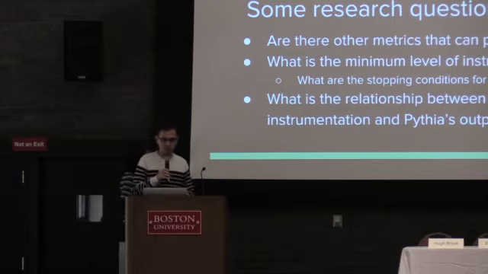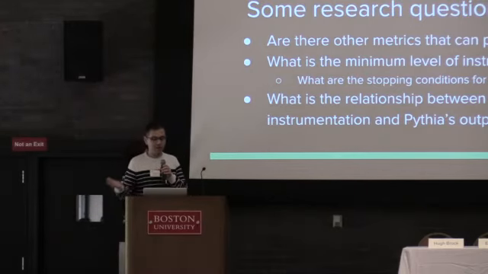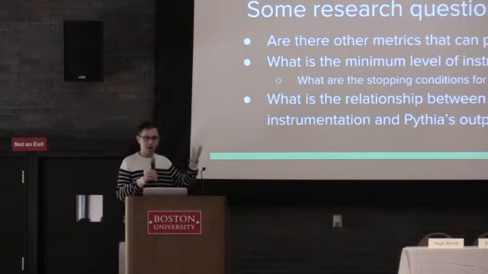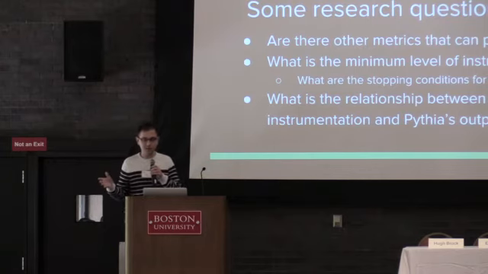under real problems. Some research questions that we are going to look at next are whether there are other metrics that can predict where instrumentation may be needed besides variance and latency. Another interesting question is, what is the minimum level of instrumentation for Pythia to begin its analysis?